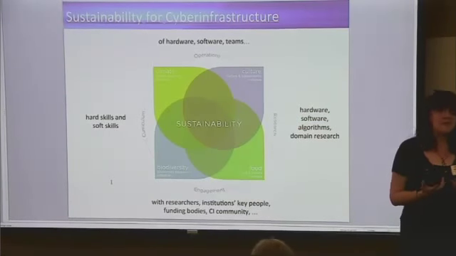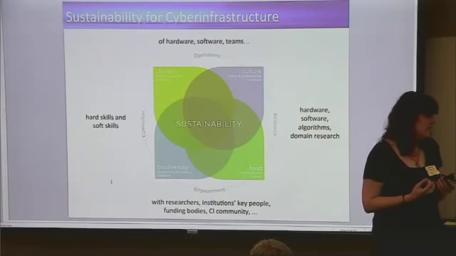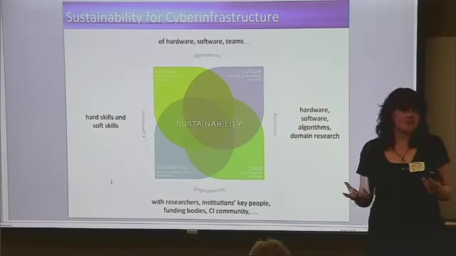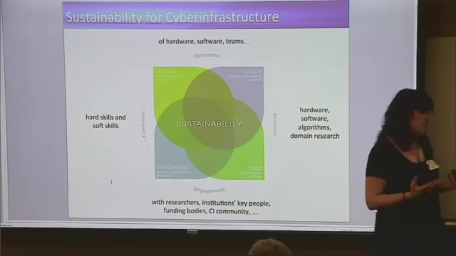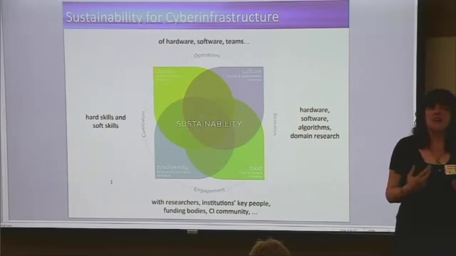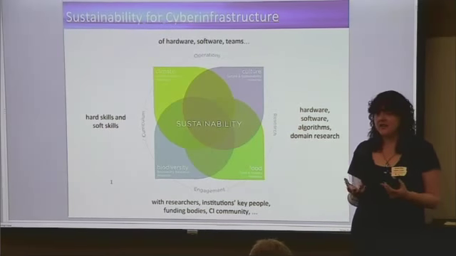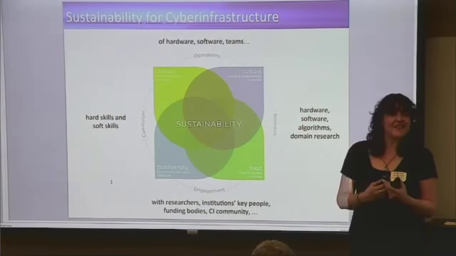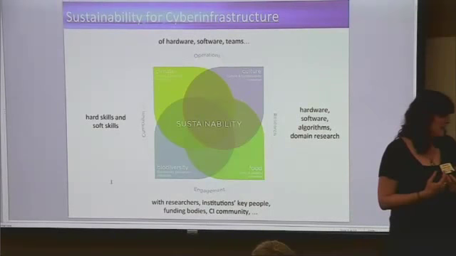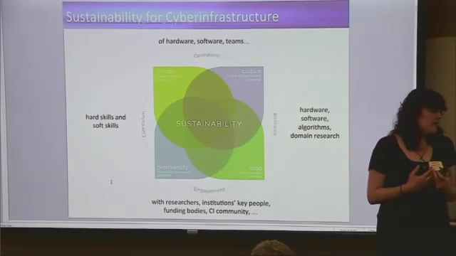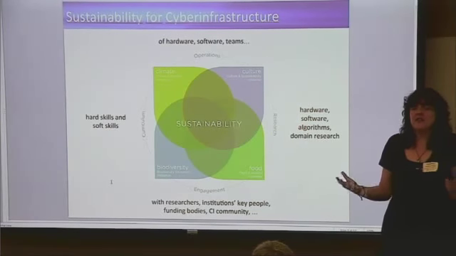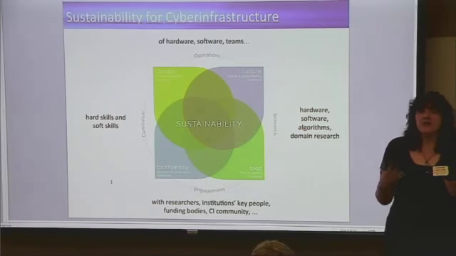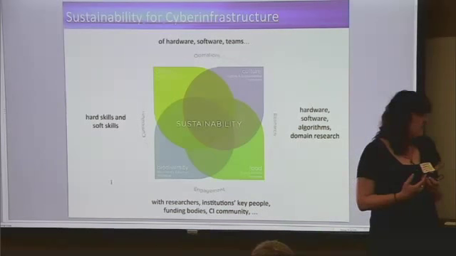If we translate what they've shown for sustainability in general, if you look, for example, at the curriculum, I would say hard skills and soft skills. And I don't avoid the term soft skills, even though I know that some people don't like it so much. Or if you look at operations in research computing, you look at hardware, software, at teams. Remember the four phasings?